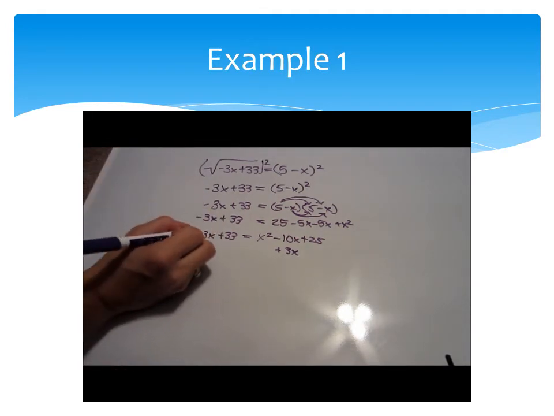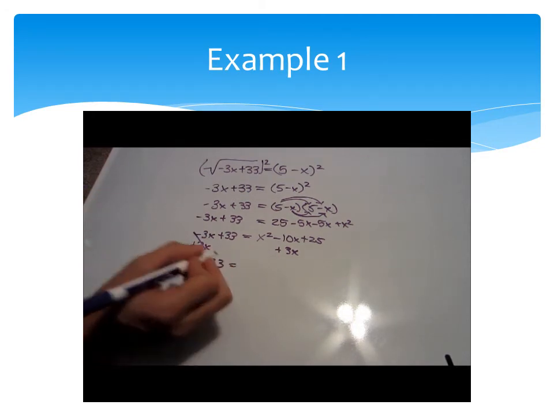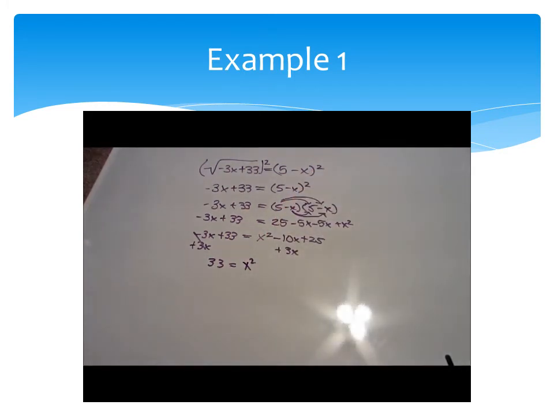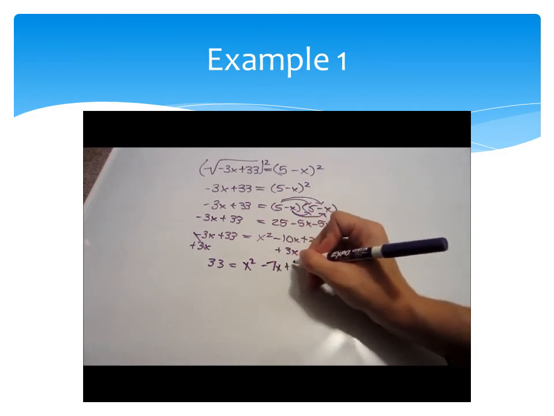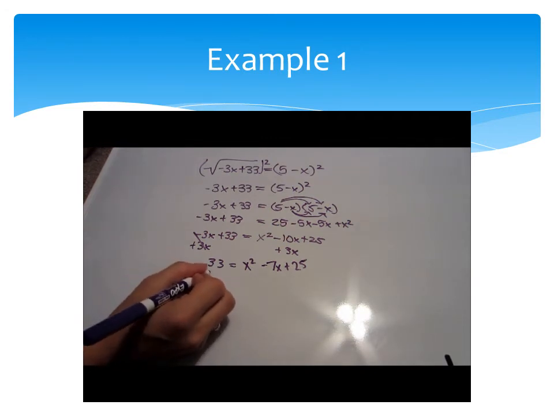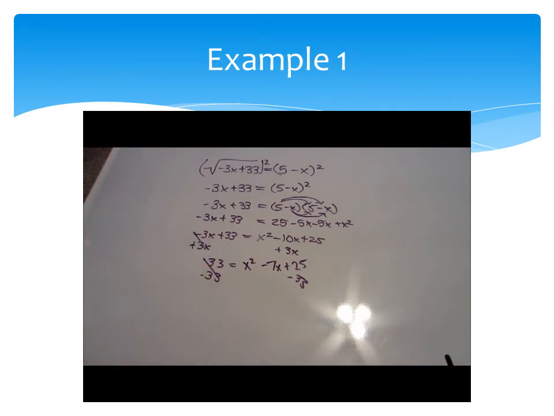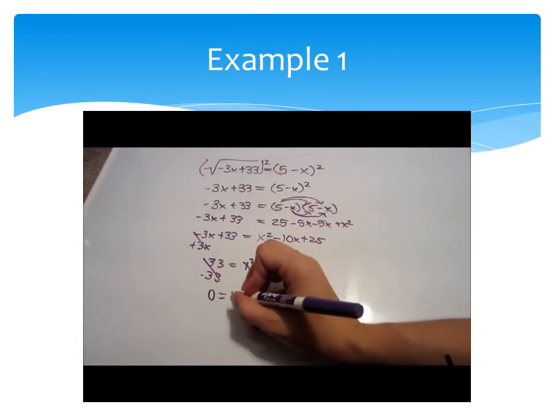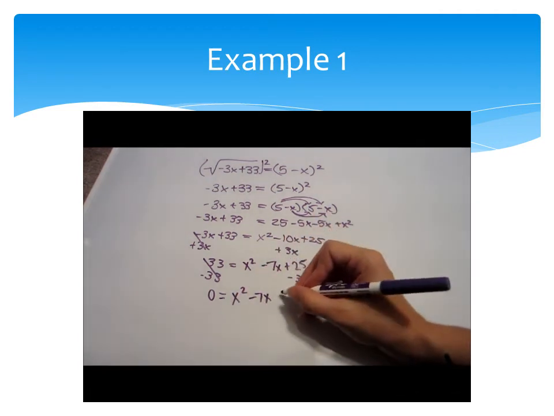So this cancels out on this side and gives us 33 equal to x squared minus 7x plus 25. Now I need to subtract 33 from both sides, and that leaves me with 0 equal to x squared minus 7x minus 8.